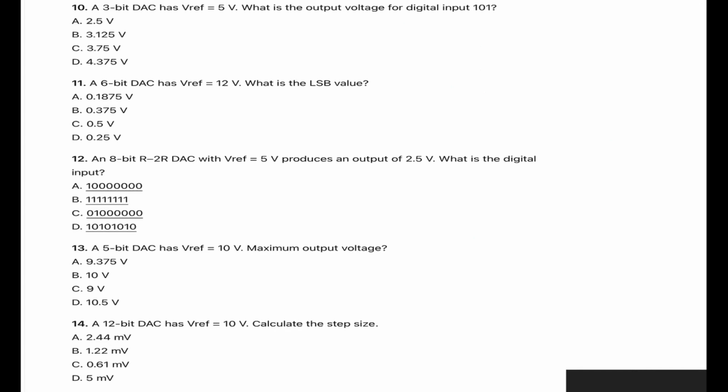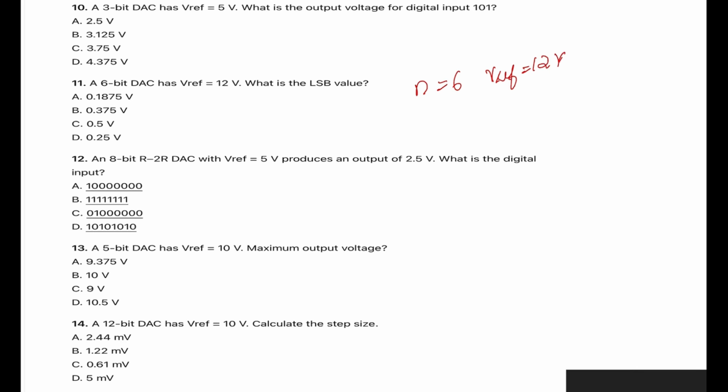So the next question, a 6-bit DAC has V reference equal to 12 volt. What is the LSB value? Option A, 0.1875 volt. Option B, 0.375 volt. Option C, 0.5 volt. Option D, 0.25 volt. So here the value of N is equal to 6 and V reference is equal to 12 volt. We are asked to find the LSB.